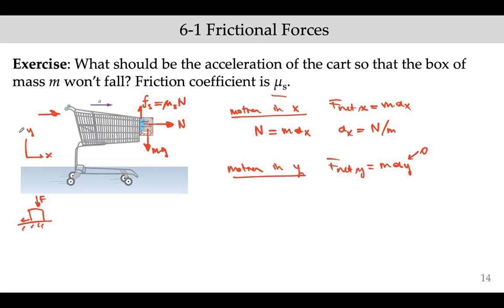I chose up direction to be positive, so the friction force for this coordinate system will come with a positive sign. So we are going to write F friction, and I will subtract mg because mg is down. Down is negative in this coordinate system, right? And this would be equal to 0 because you want acceleration to be 0.